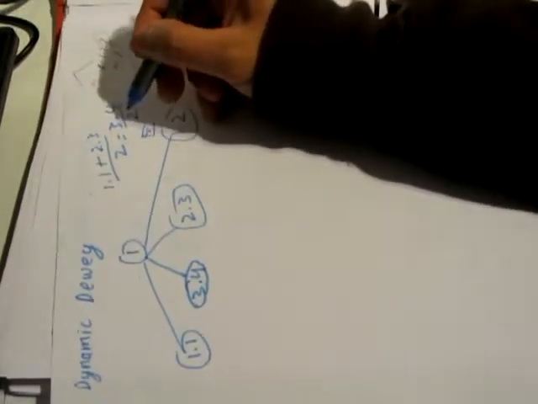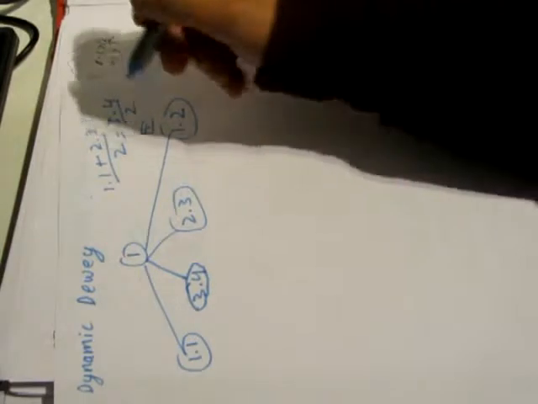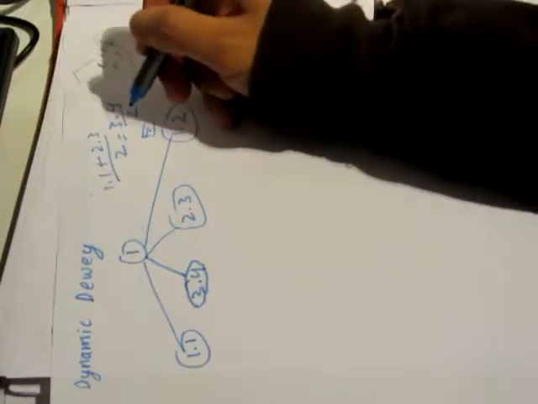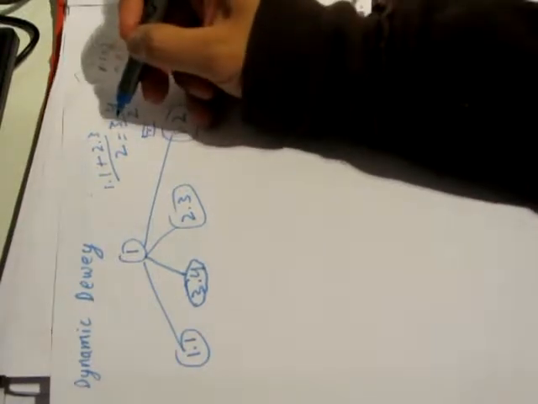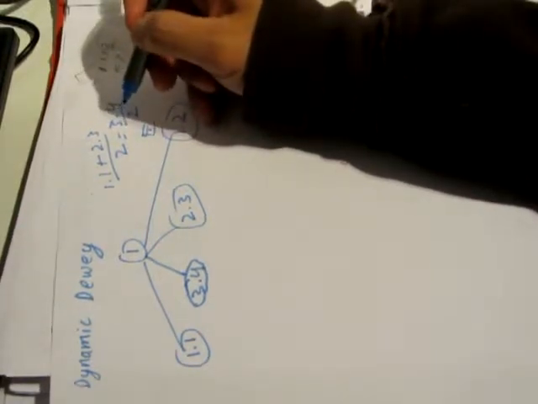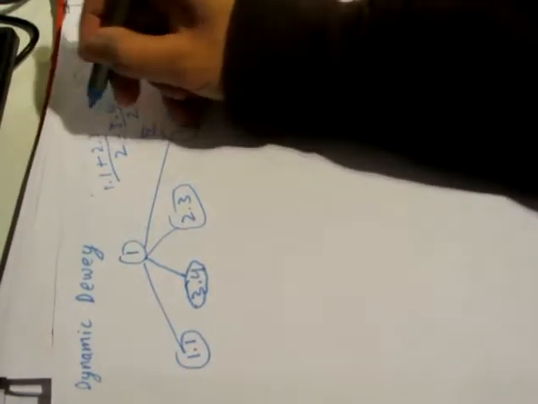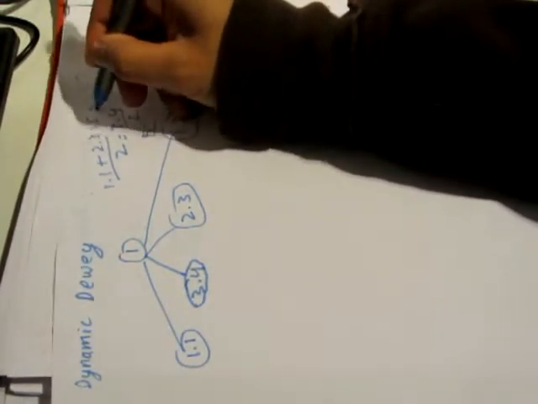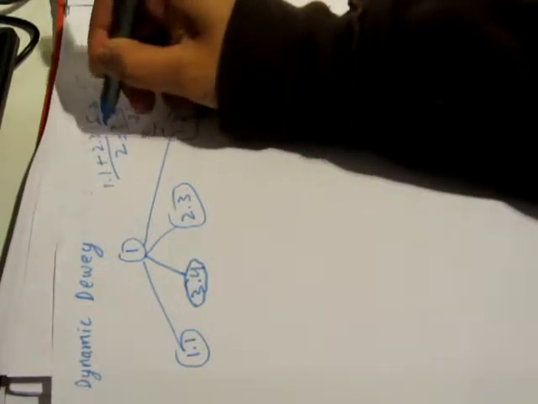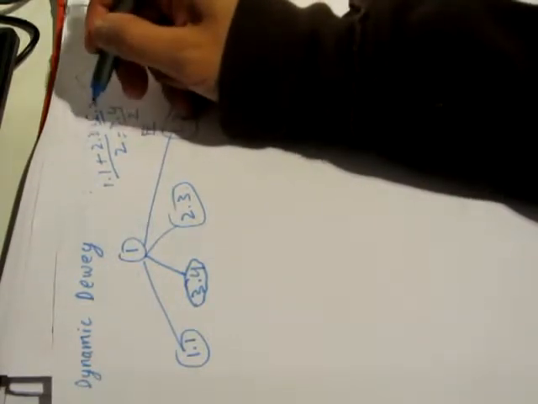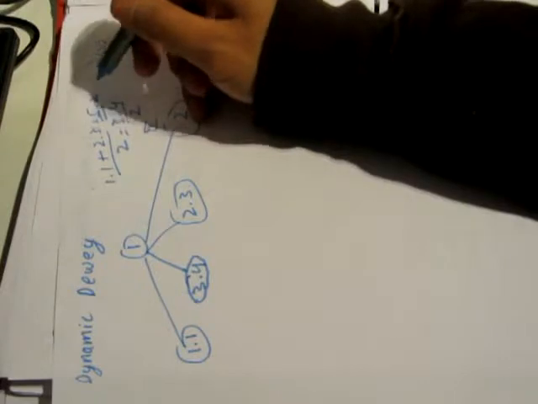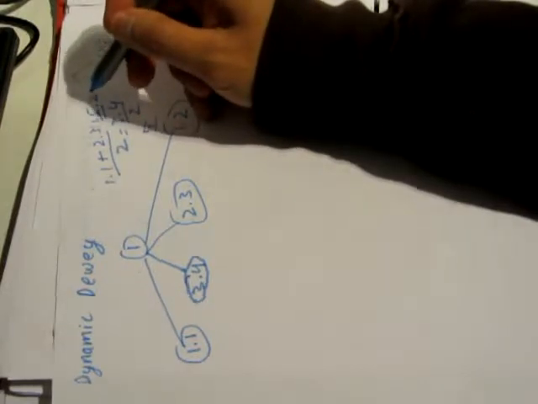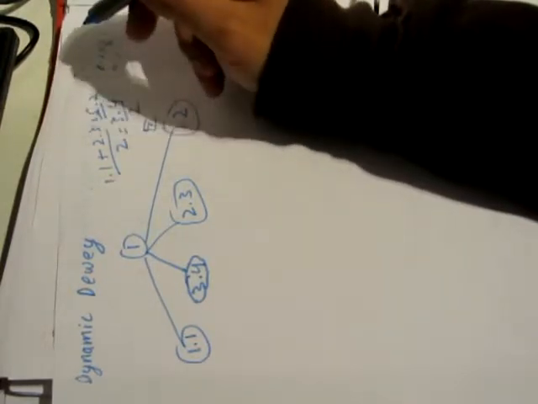Why we write 3.4 here is because if we divide this by 2, then this 3 becomes 1.5 and 4 becomes 2, and we can't have this point thing. It should always be an integer. So if we get a decimal number, we multiply both sides by 2 so that there is no decimal number.